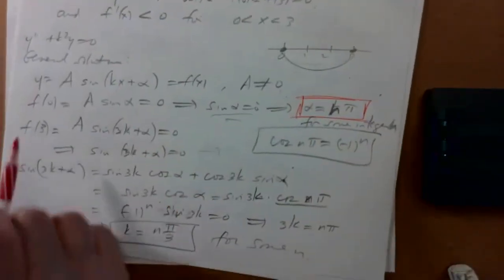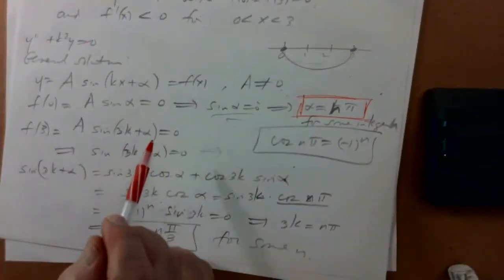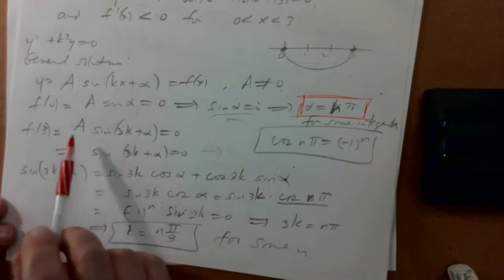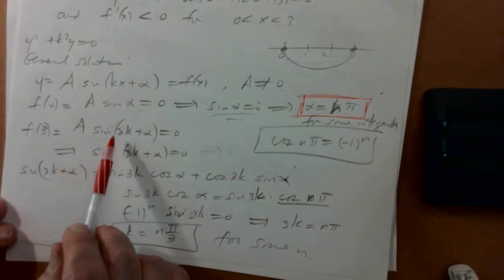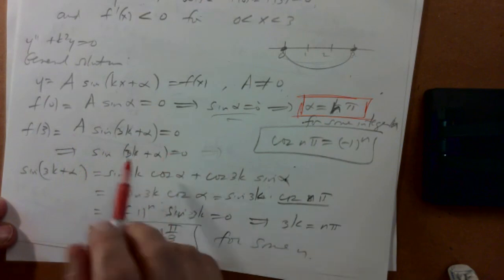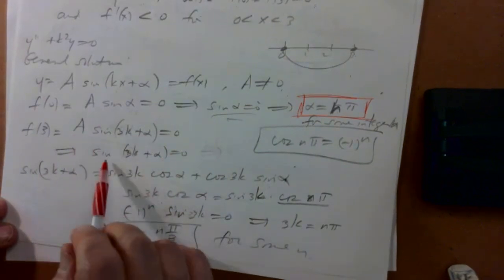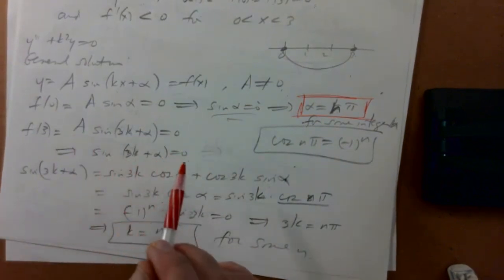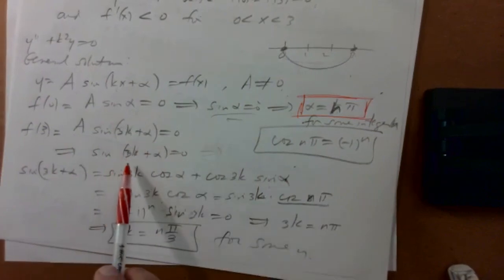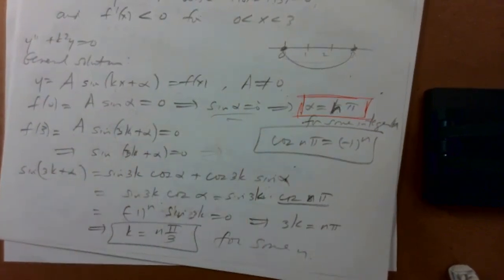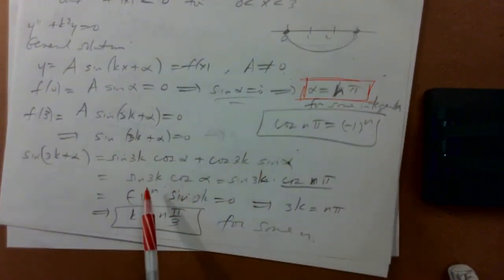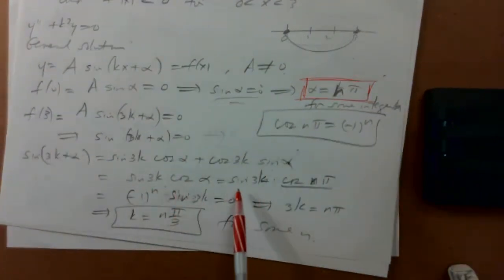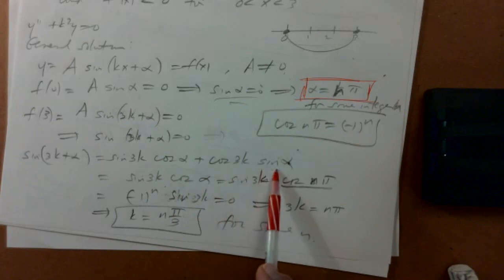What about when we let x equal 3? We also get 0. When x is 3, we get A times the sine of 3k plus alpha is 0. So A is non-zero, so the sine of 3k plus alpha is 0. According to the addition formula for the sine, it's not necessary, but it's perfectly nice, we get sine 3k cosine alpha plus cosine 3k sine alpha.